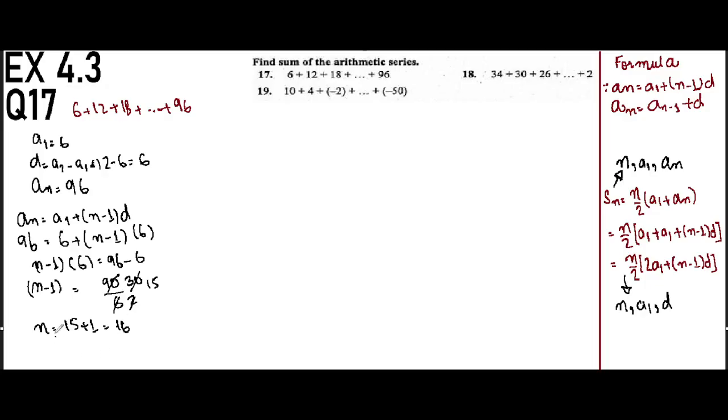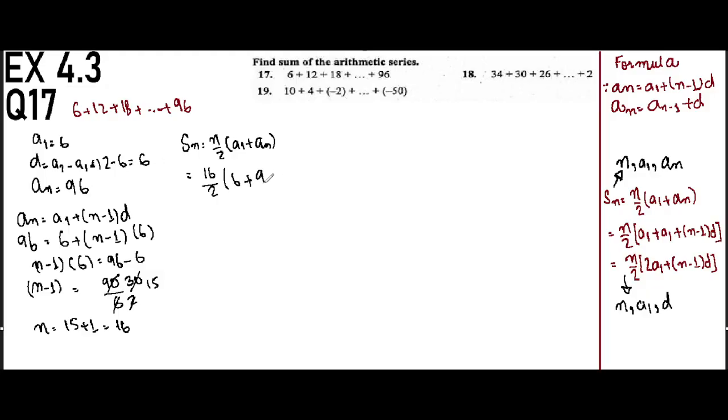Now we have the value of n, we have the value of a1, an, and d. These are all the requirements, so we can use any of these formulas. The first one is easier, so we are going to use that one. Sn is equals to n by 2 into a1 plus an. So this is equals to n, the value of n is 16 divided by 2 into a1 is 6, an is 96.